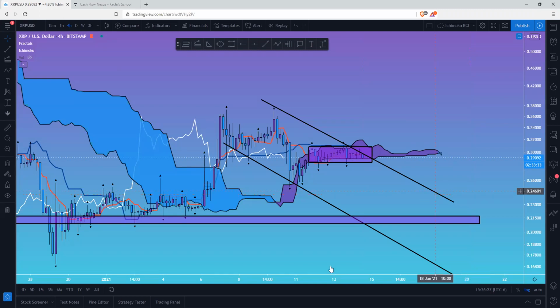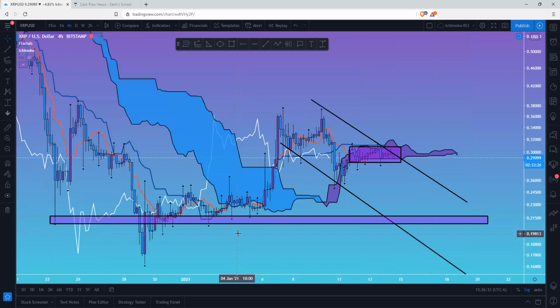All right, so let me show y'all. Okay, yes. I'm gonna go ahead and show y'all one more time the importance of the Tenkan-sen and Kijun-sen, because just because it may be a bearish or bullish cross does not necessarily mean that you should take a bearish or bullish trade.